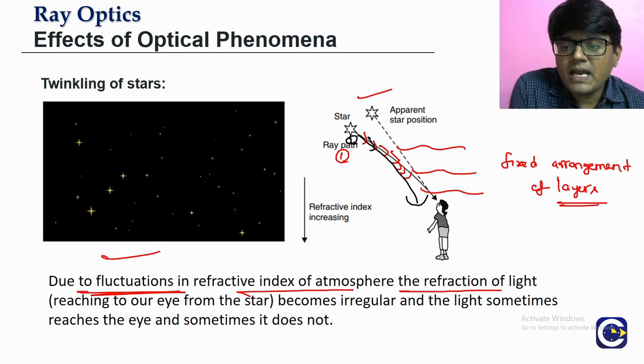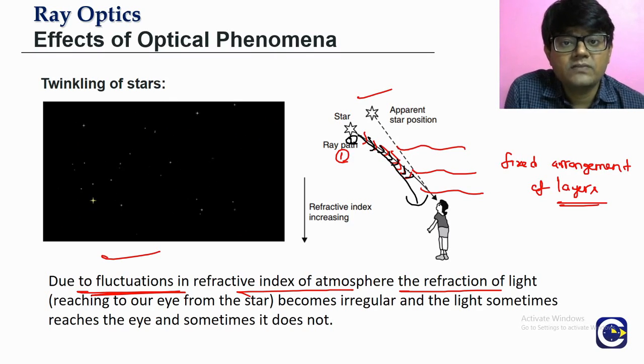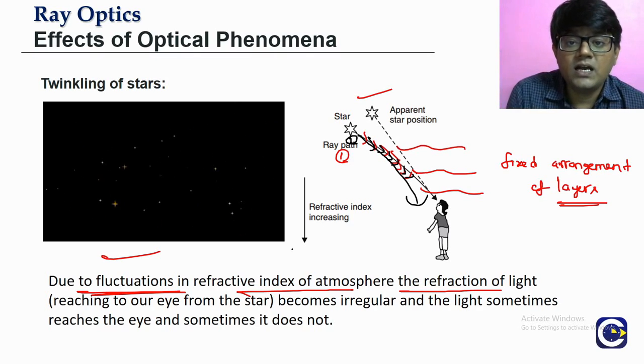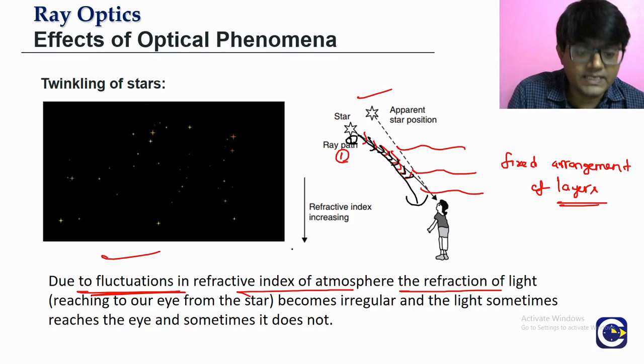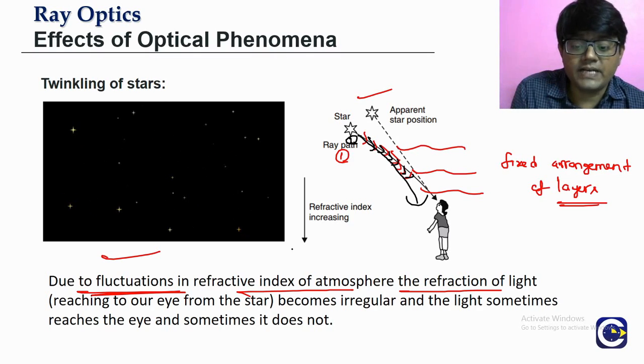After some time, another ray might travel along the same path and reach the eye of the observer. Which means that due to the fluctuations in the refractive index of the layers of the atmosphere, the light reaching the eye of the observer will not arrive regularly. It will reach only irregularly.